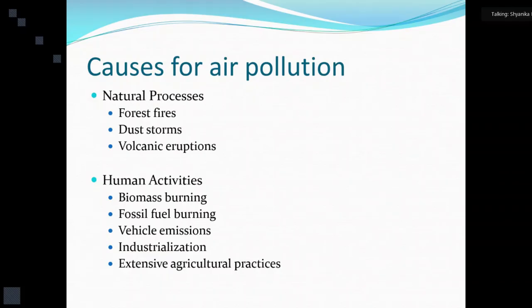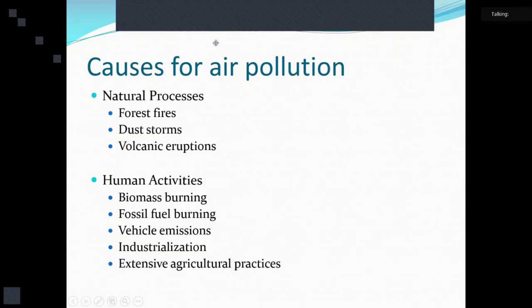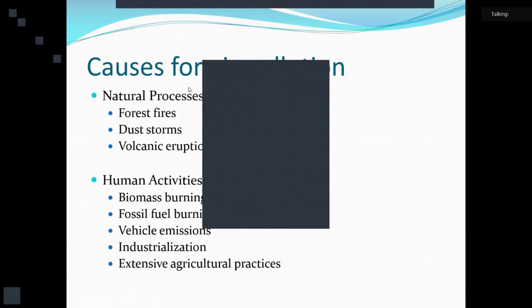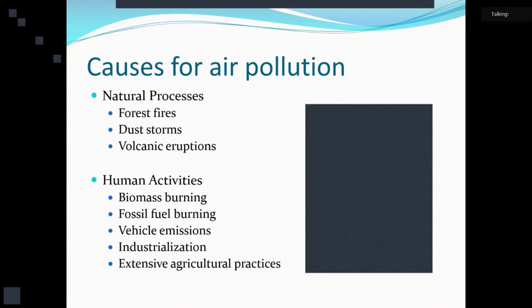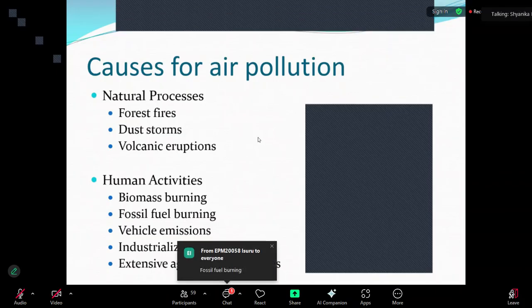So tell me, what are the human activities that lead to air pollution? Fossil fuel burning, yes.